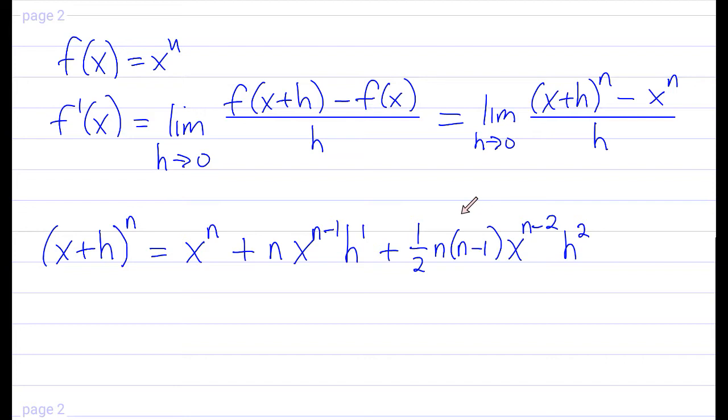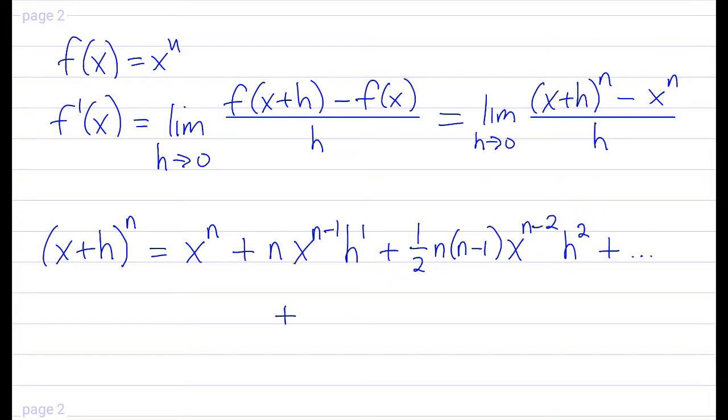If you haven't seen the binomial theorem before, this is probably a complete mystery. Let's not worry too much about that right now. It's going to turn out not to matter as far as the derivative is concerned. Let's keep going. I'm continuing to raise powers of h by 1 and reduce powers of x by 1.